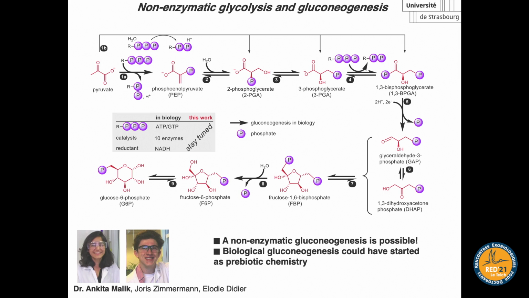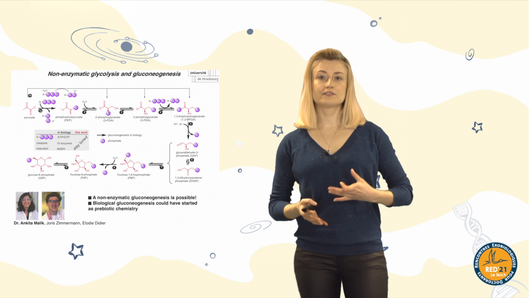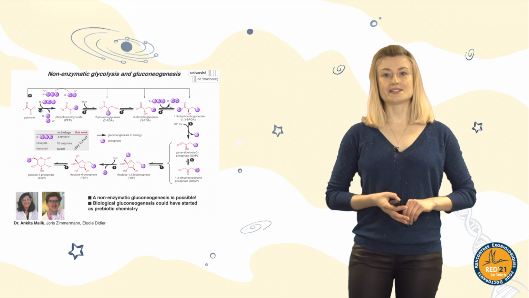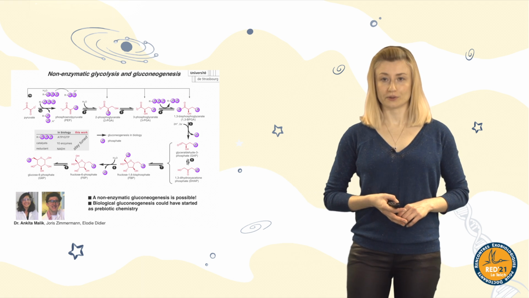Then we've got a sequence of phosphorylations, isomerizations, and reduction, and we end up with two important biomolecules, glyceraldehyde 3-phosphate, GAP, and DHAP, dihydroxyacetone phosphate. You see them in the bottom right corner of the slide. These molecules undergo a crossed-Aldol reaction to give a sugar molecule.